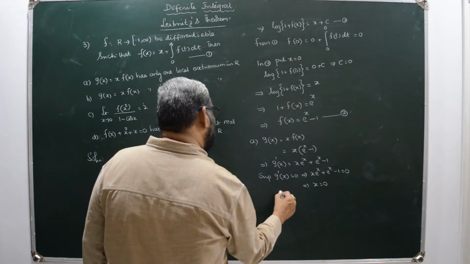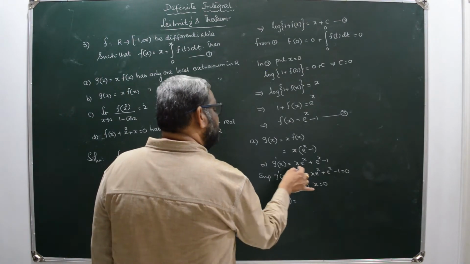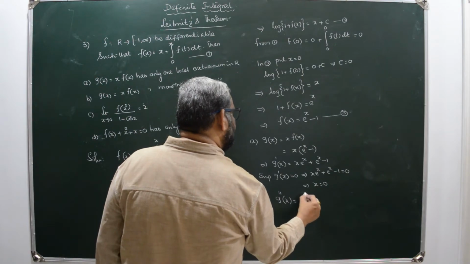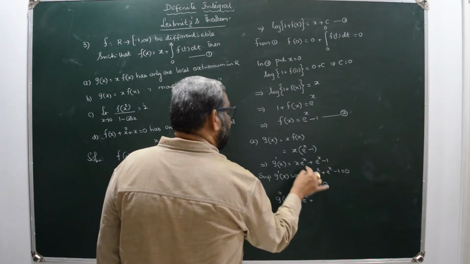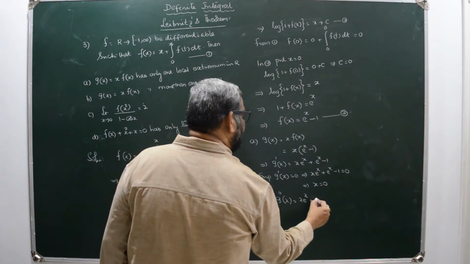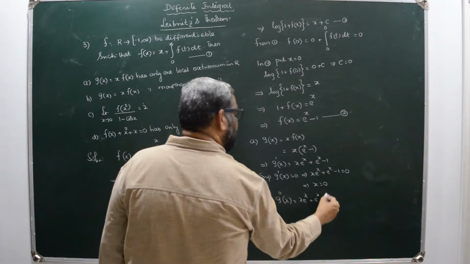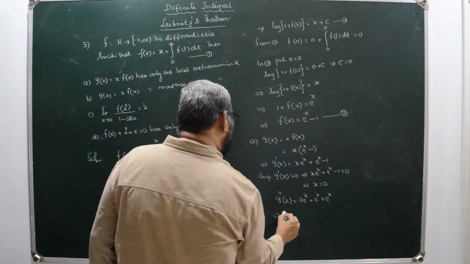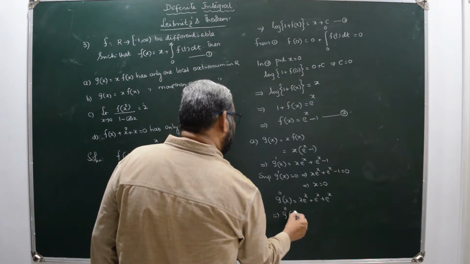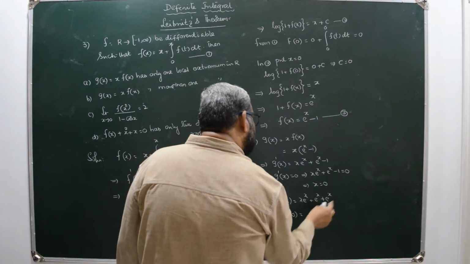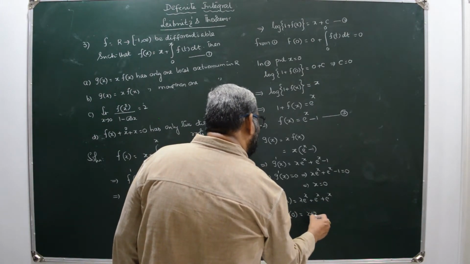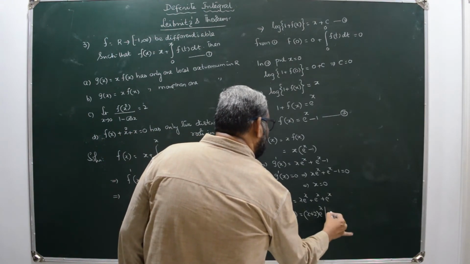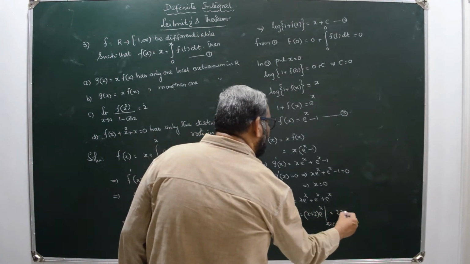Now you find out g double dash x. Differentiating, g double dash x is x into e power x plus e power x, plus e power x, which is x plus 2 into e power x. Now g double dash 0 is equal to, at x equal to 0, e power 0 is 1, this is 2, greater than 0.